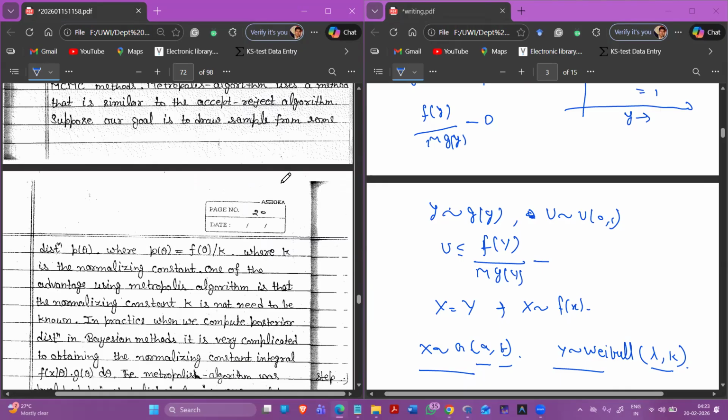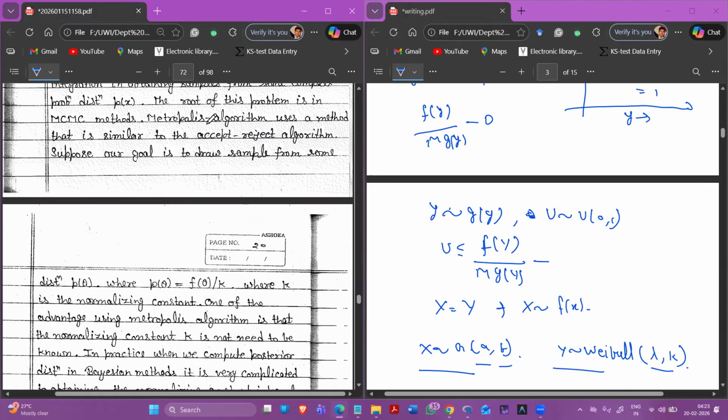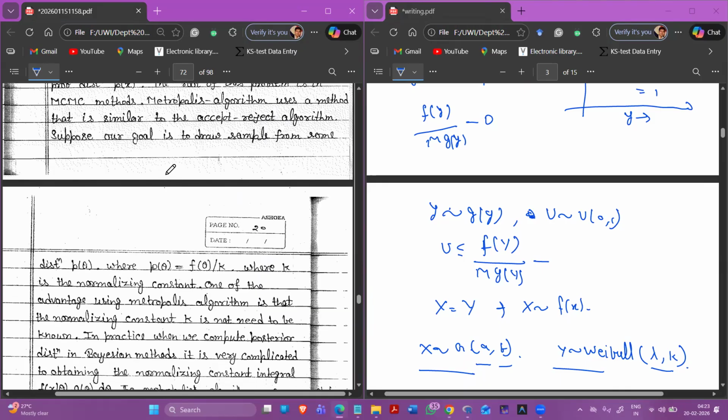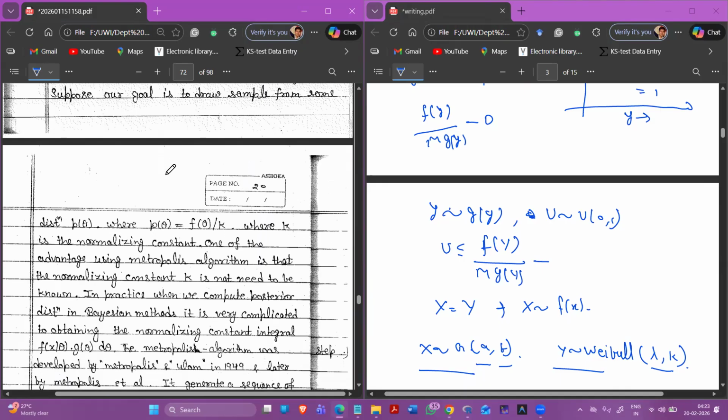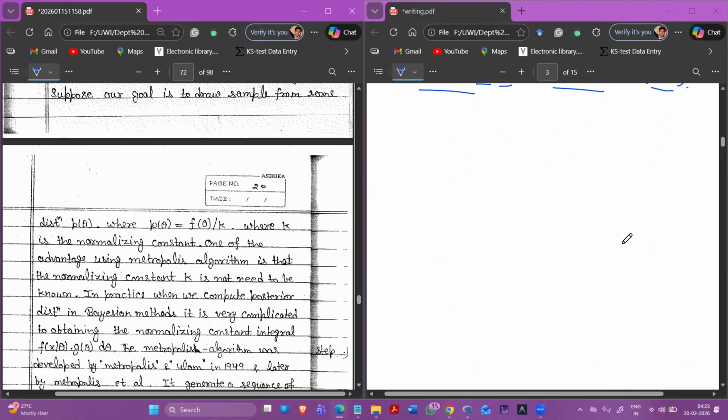The Metropolis algorithm uses a method that is similar to the accept reject algorithm. Suppose our goal is to draw samples from some distribution p(theta). Okay. Earlier we were saying that our x follows f(x).